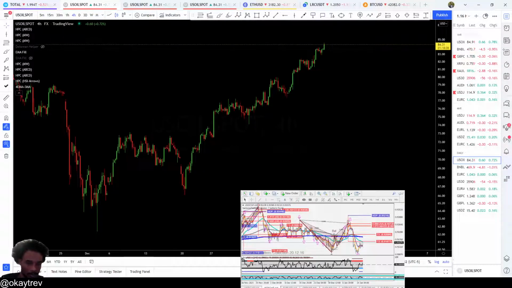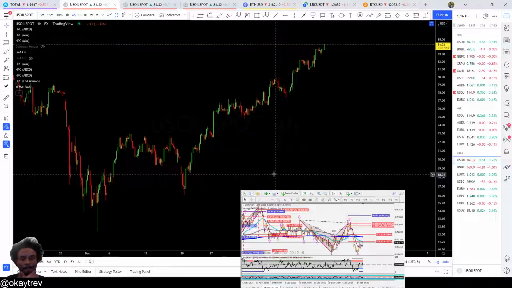I like to tell my students, we don't hesitate to pull the trigger. Cash money, let it ride. There's no hesitation. Here you go, USD oil, daily time frame, we got a bat. If I'm not mistaken, we've started with USD oil every single time we started a different time frame.